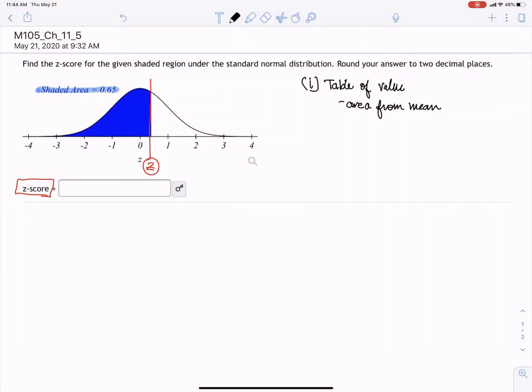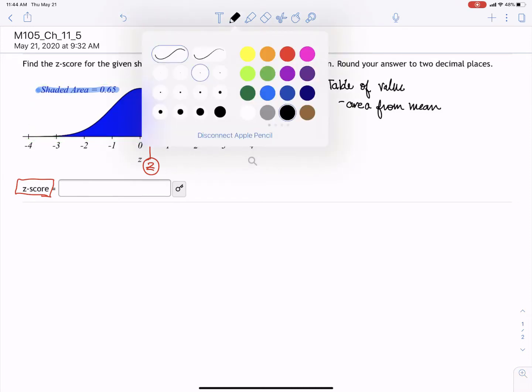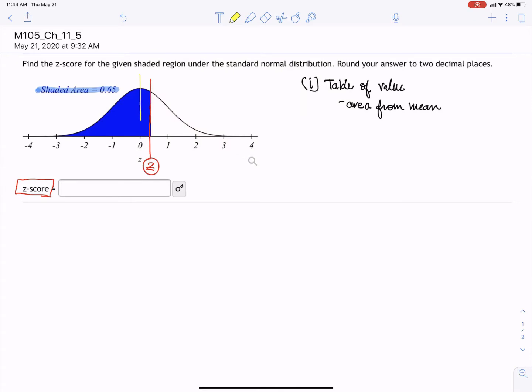So the only issue is we don't have area from the mean, right? Because here's the mean. We have area completely to the left of this z-score. So if I drew, let's say, a yellow line here, we know that this lower half of the curve from the mean is 50%, or this area is 0.5.